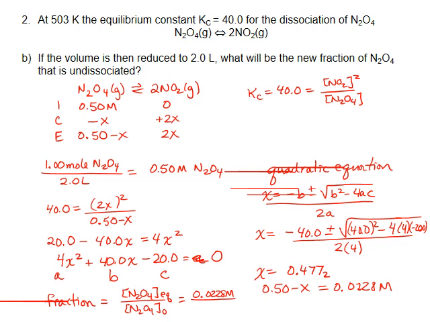And this time our initial concentration was 0.5 molar. This gives us a fraction of 4.56 out of 100, or 4.56% undissociated at the equilibrium position. This concludes problem 2.